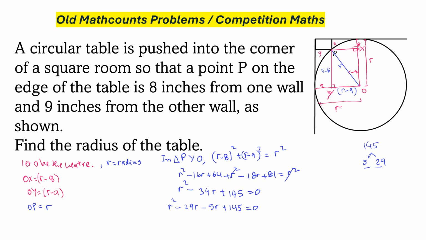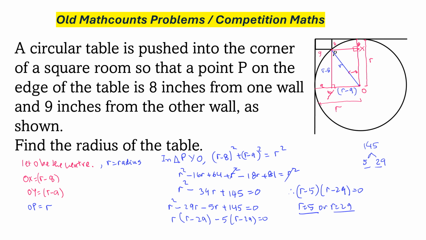So then what I get is R times (R minus 29) minus 5 times (R minus 29) is equal to 0, and we get therefore (R minus 5) times (R minus 29) is equal to 0. So R equals 5 or R equals 29.